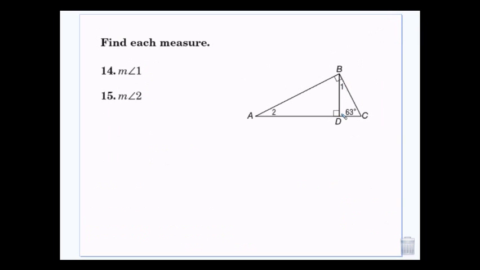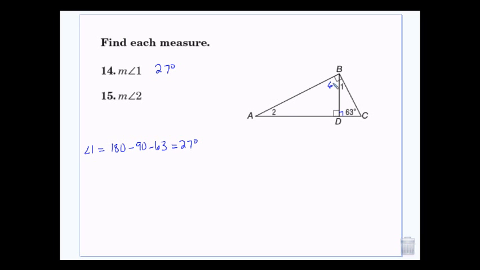If this is 90, what's this one? 90. So I can find angle 1 because I have 90 and 63, and angle 1 add up to 180. So angle 1 would be 180 minus 90 minus 63. So that's 90 minus 60 is 30 minus 3 is 27.